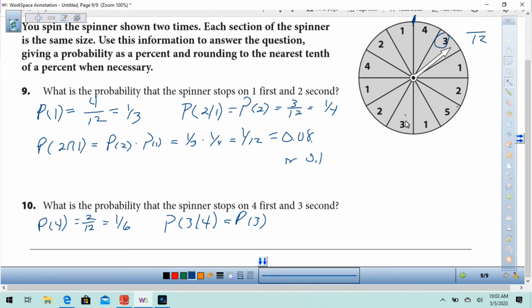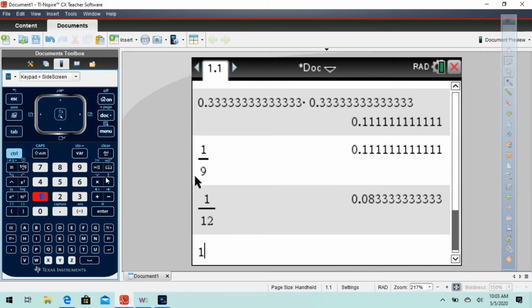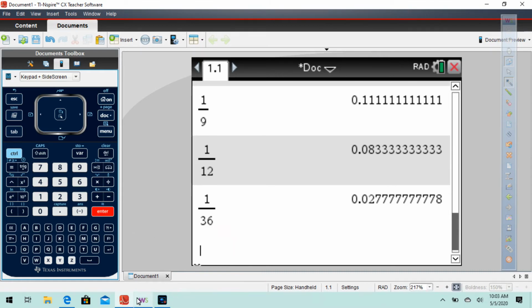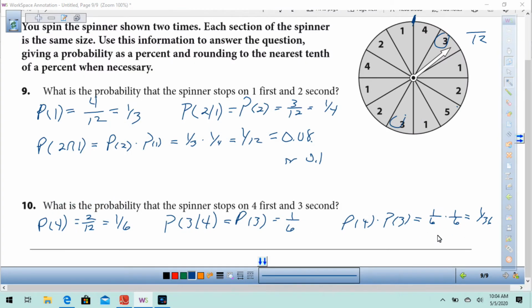Let's see, we got 1, 2. And that's going to be 1/6. 2 divided by 12 is 1/6. Probability of 4 times the probability of 3. 1/6 times 1/6 is 1/36. 1 divided by 36 is 0.027 repeating.